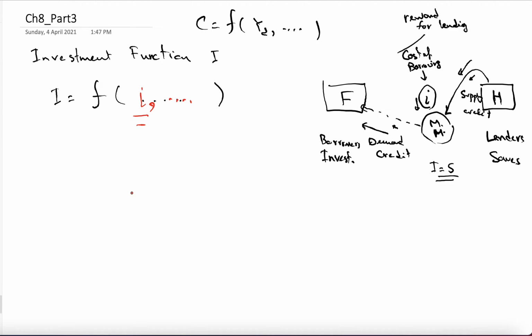So is the interest rate positive or negative for investment? If it's increasing, investment is going to decrease. If it is decreasing, investment is going to increase. So it's basically a negative slope.